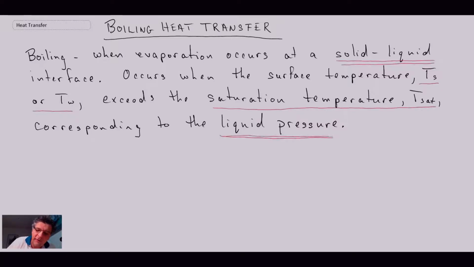So if you recall from thermodynamics, we use steam tables in order to determine what the saturation temperature would be for a given pressure. And that's what we'll be doing again in heat transfer. We'll be looking at steam tables in order to pull out properties, and we'll be looking at the heat of vaporization, that is going through the phase change from a liquid to a vapor. So boiling, we're going from a liquid to a vapor.